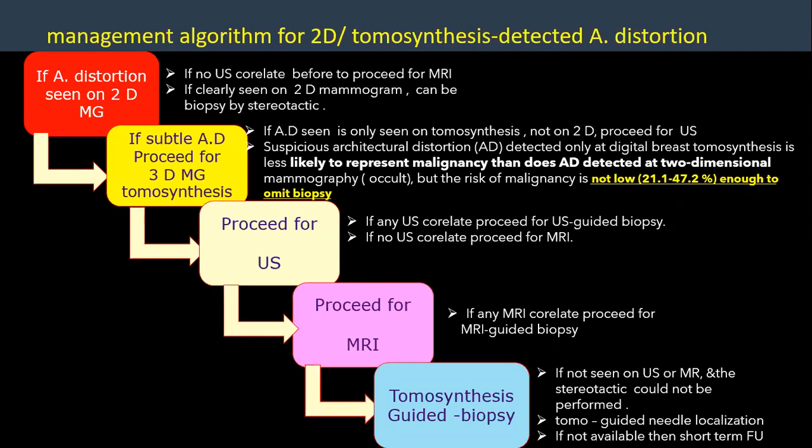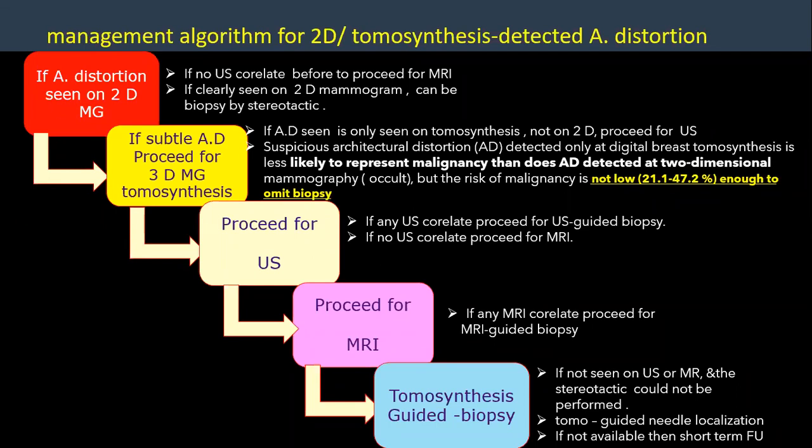So an architectural distortion occult on 2D and seen in 3D should not omit the biopsy. The probability of malignancy is lower than for a lesion present on 2D. If architectural distortion is also seen on 2D, that means it is a real and more suspicious architectural distortion.